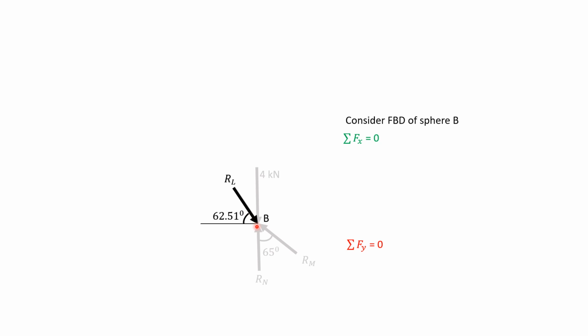Resolving this force horizontally, this is RL cos 62.51 degrees, directing towards positive x-axis, so plus. RL sin 62.51 is directing towards negative y-axis, so minus.